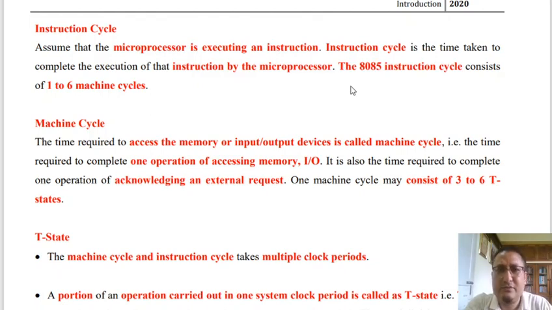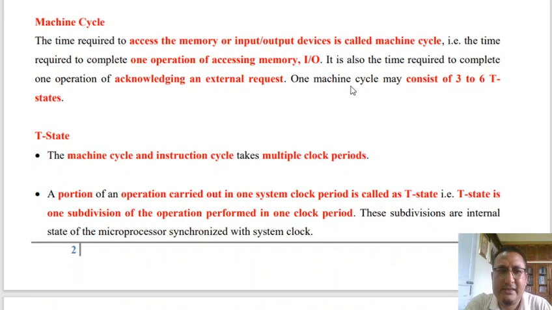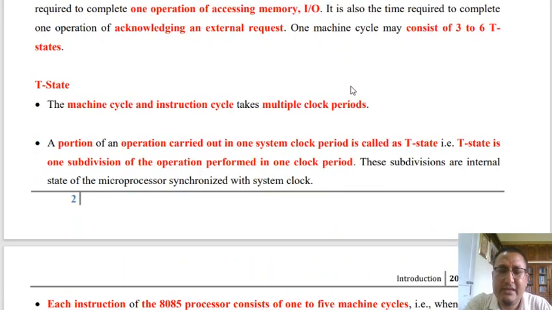Now, let us try to further understand what is a T state. Now, the machine cycle and instruction cycle takes multiple clock periods. Again, I'll repeat it. A machine cycle or an instruction cycle takes multiple clock periods. Now, a portion of operation carried out in one system clock period is called as T state.